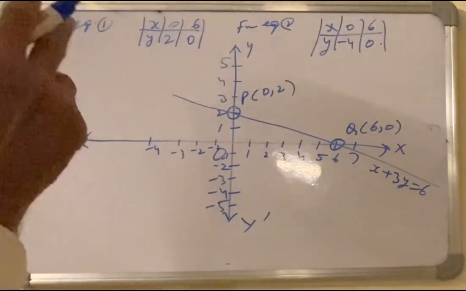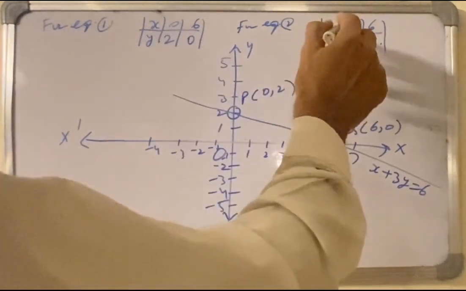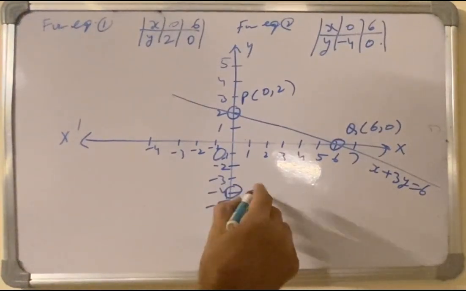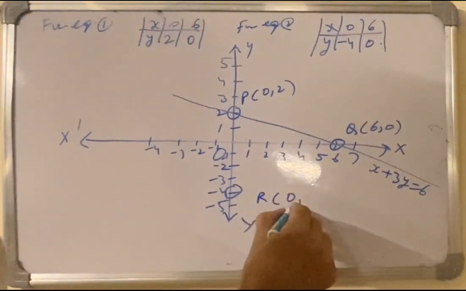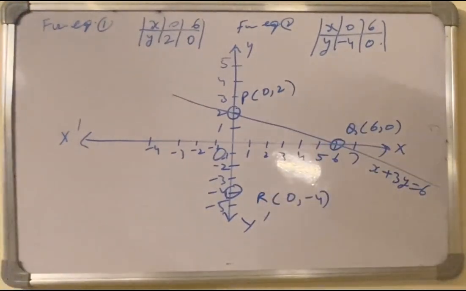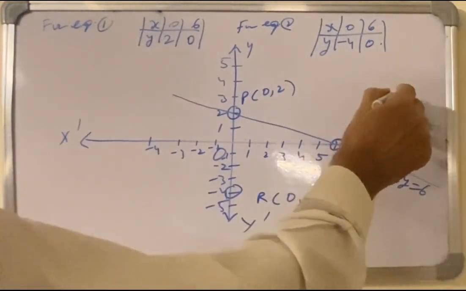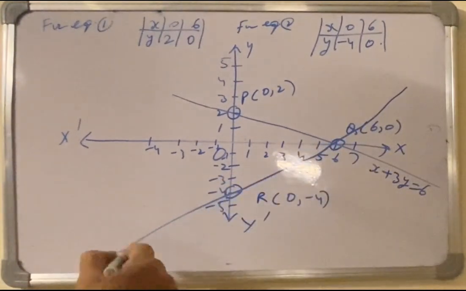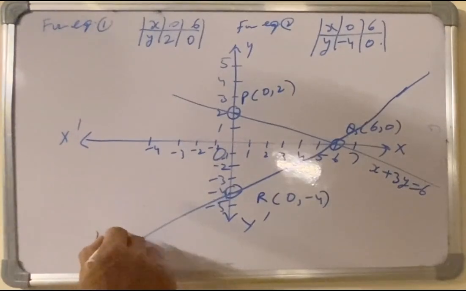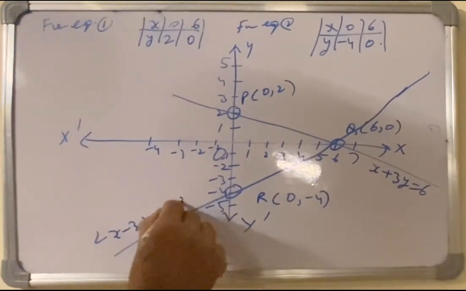Then we plot the points of second equation, x 0, y minus 4. It is R (0, -4), and (6, 0) is the same Q. We join this. This is equation 2x minus 3y is equal to 12.